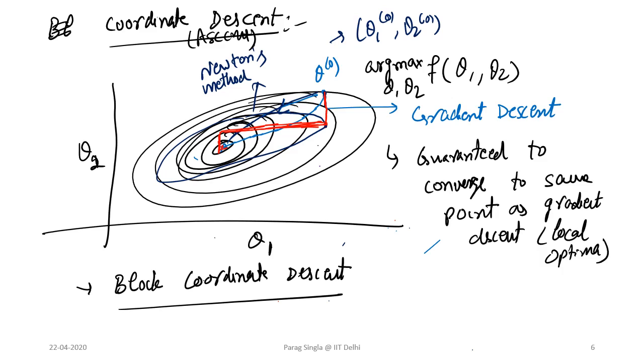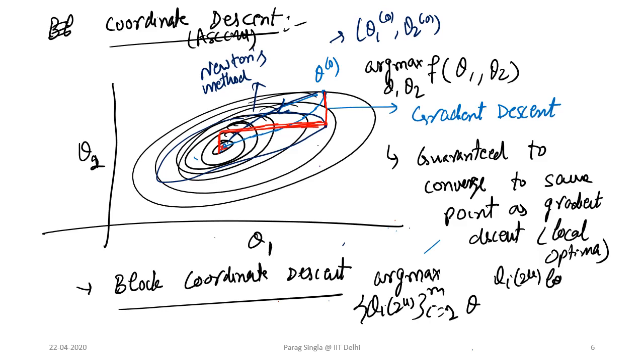the EM algorithm that we have just described, argmax over qi zi, i equal to 1 to m, theta of qi zi log p xi zi theta over qi zi, is an instance of block coordinate descent, where the blocks of variables are qi zi for all i.